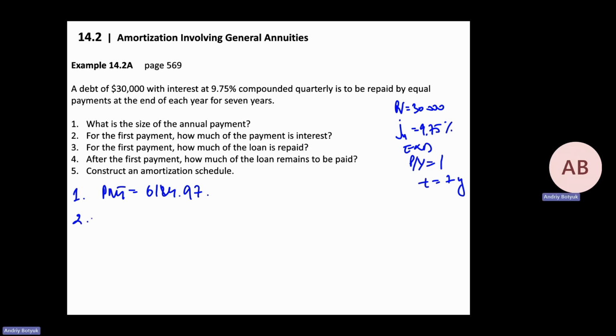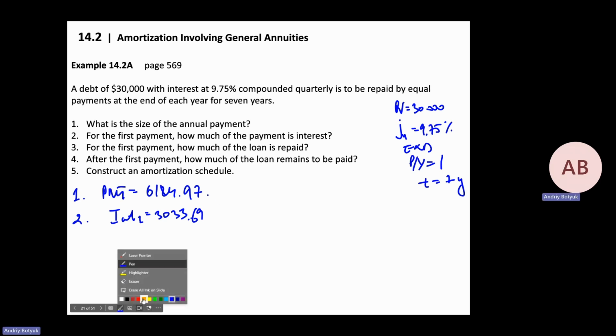And find that interest 1 is $3,033.69, which is about half of the payment, basically. Other option, what's the other option?